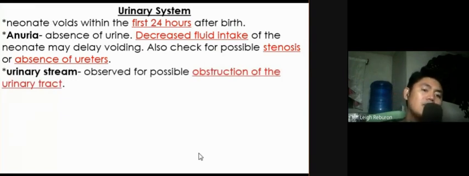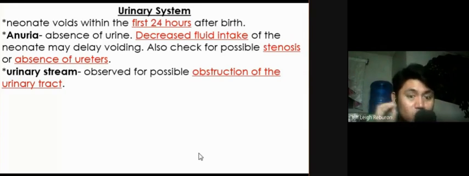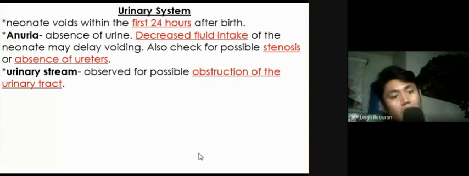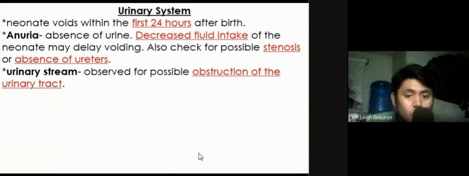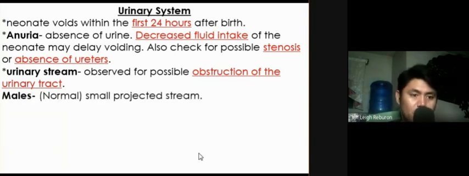Next, pag-usapan din po natin kung paano umihi yung bata. Okay? We observe the urinary stream or kung ano yung itsura ng pag-ihi ng bata for possible obstruction of the urinary tract. Okay? For male newborns or for males in general, ang ihi dapat is small projected stream. Kung iihi ka man, ganun.